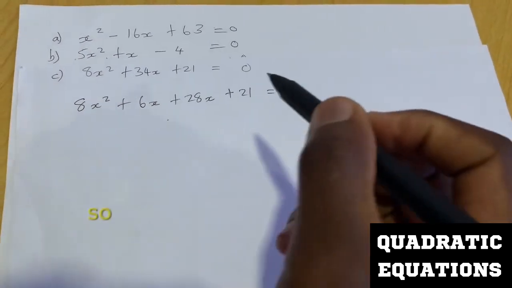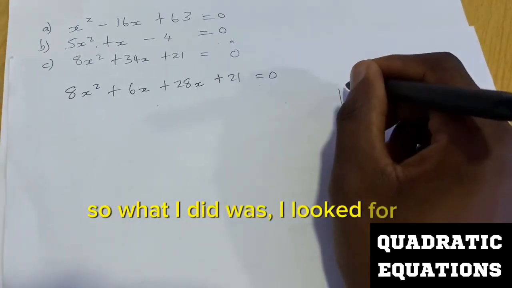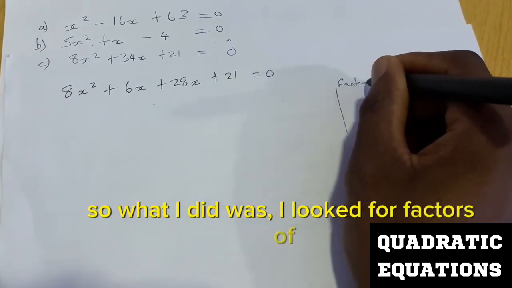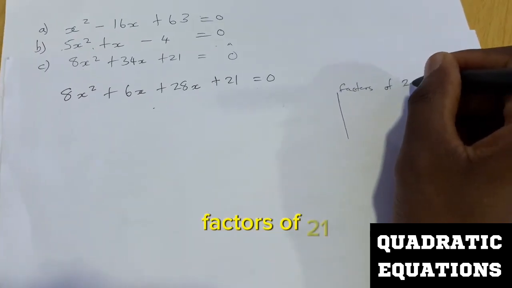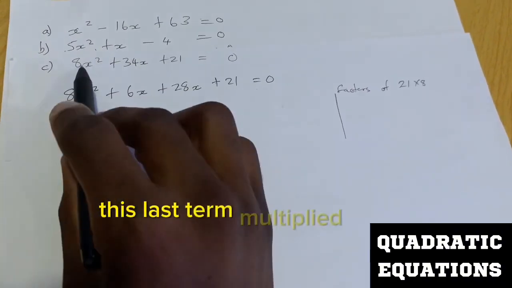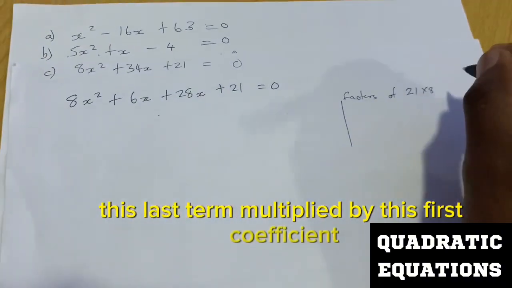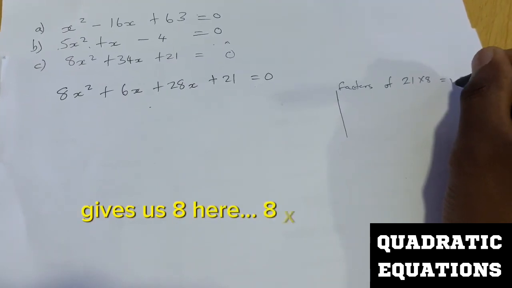Okay, so what I did was I looked for factors of 21 multiplied by 8. This last term multiplied by this first coefficient gives us 8 here. 8 times 21 is 168.